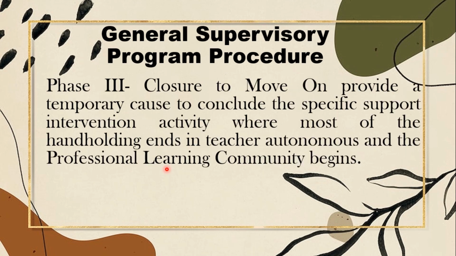Now we have phase 3. That is the closure to move on. This provides a temporary cost to conclude the specific support intervention activity where most of the hand-holding ends and teachers' autonomy and the professional learning community begins. The greater role of the professional learning community to continually provide support to each teacher becomes more apparent in this phase.